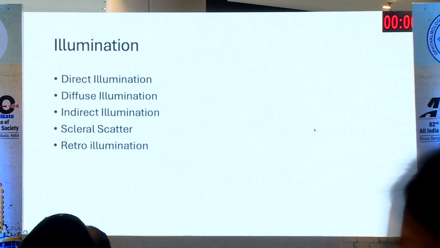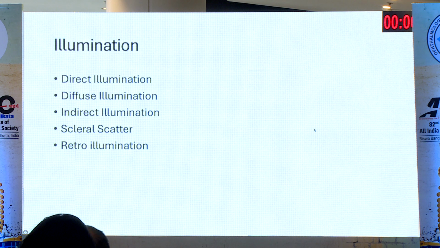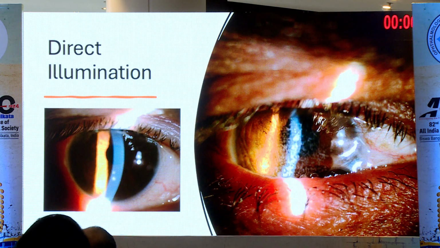Coming to the different forms of illumination, you can take a picture in direct illumination or diffuse illumination or indirect illumination or scleral scatter, even retro illumination. So direct illumination would be where your light beam goes directly onto the lesion you want to photograph, highlighting that lesion.